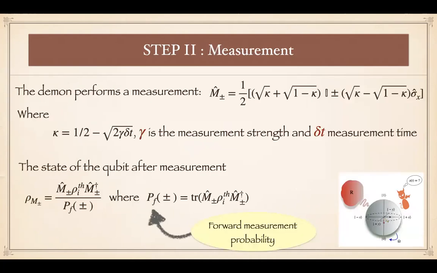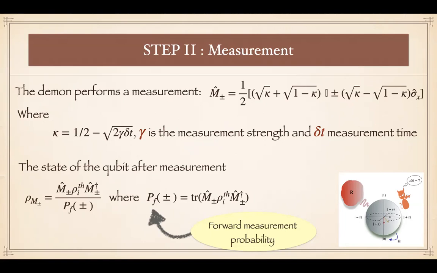Then we do measurement. So the demon performs a measurement, let's say, with these cross operators. And you can clearly see that there are different regimes. When kappa goes to 0 or 1, then you have the maximum measurement, and when kappa goes to 0.5, there's the weakest possible measurement.